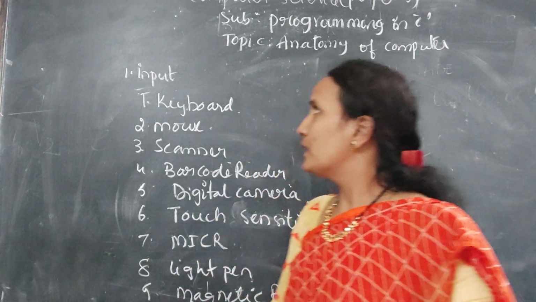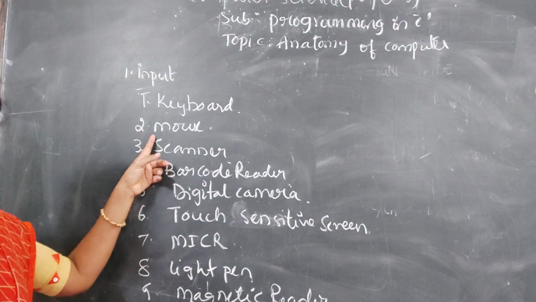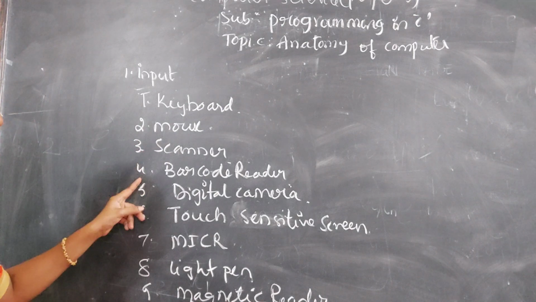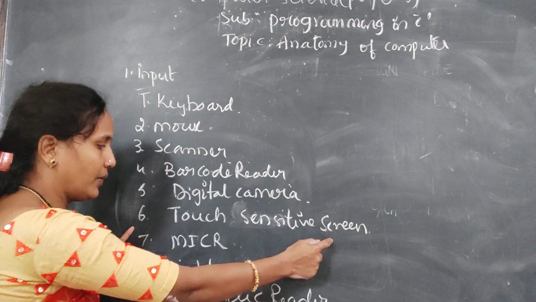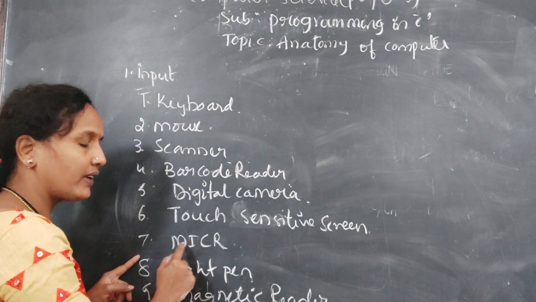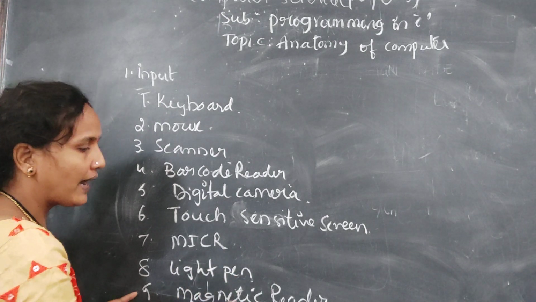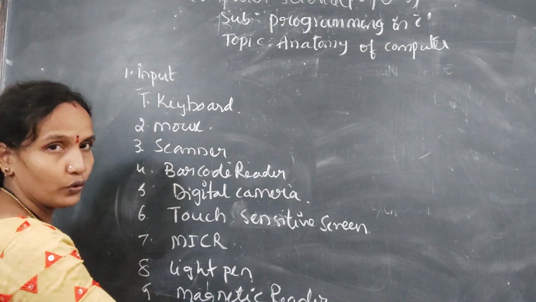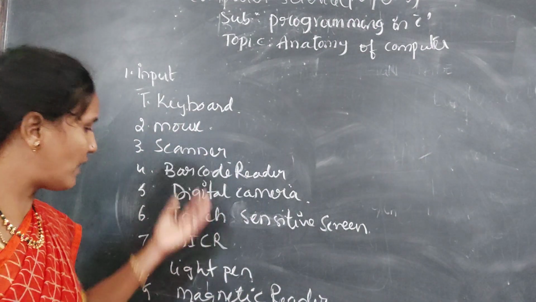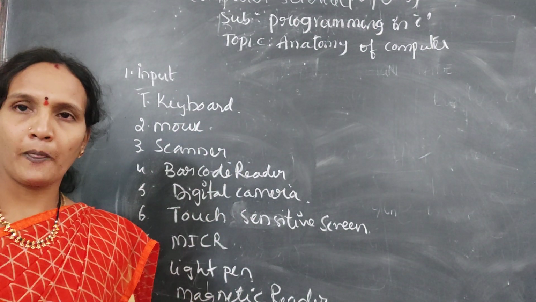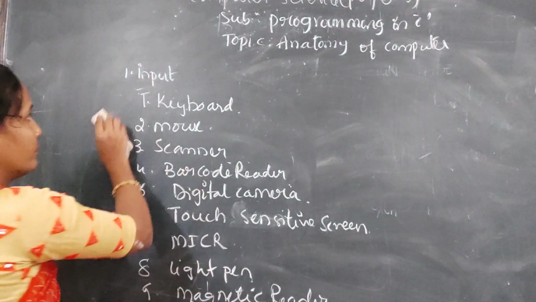The list: the first is the keyboard, the second the mouse, third the scanner, fourth the barcode reader, then digital camera, touch sensitive screen, MICR (magnetic ink character recognition), light pen, magnetic reader, and microphone. There are a number of other input devices also; here I have given just a few. Now we'll discuss each and every input device.